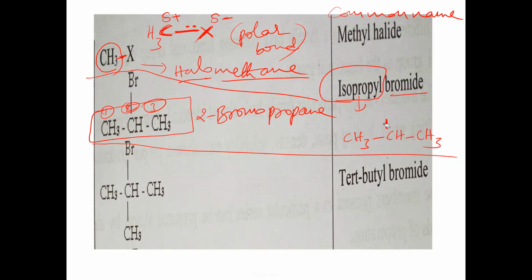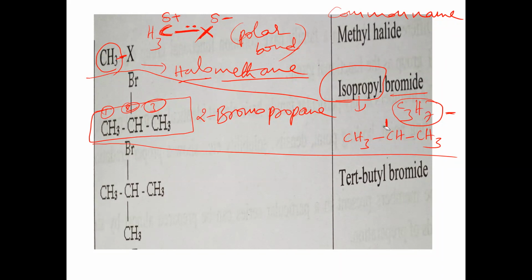So this free bond is on which carbon? The middle carbon. If the free bond is on the middle carbon, it is called isopropyl. How many carbons here? C3H7 is called propyl.